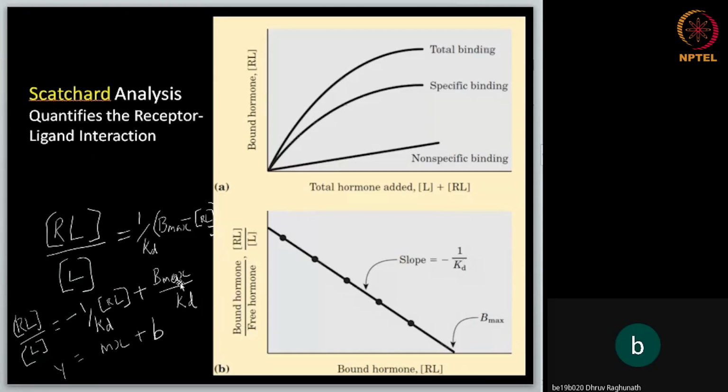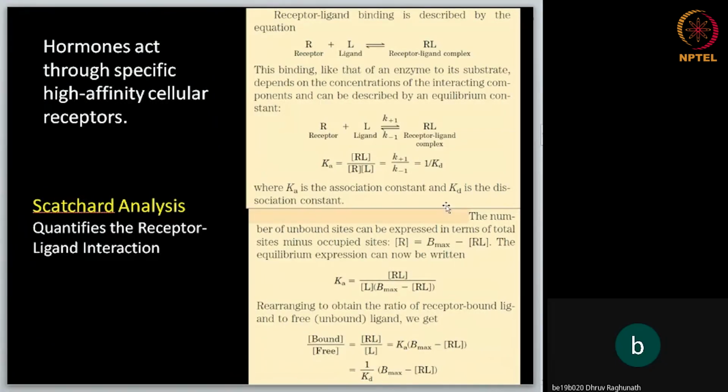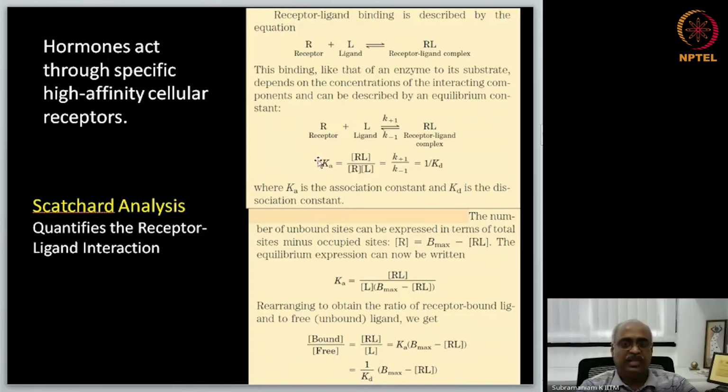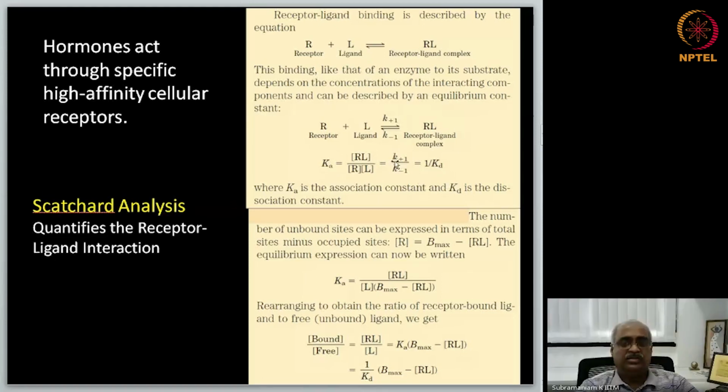The previous one? Yes, this one, Ka equals 1 by Kd, so K is equal to K plus 1 by K minus 1. How do we get to this? Yes, this is simple.